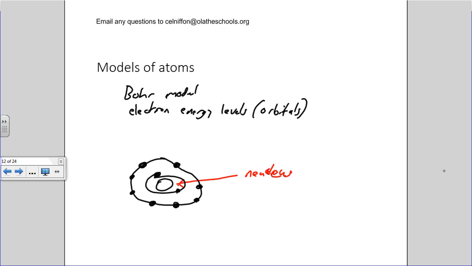So the little lines are electron energy levels, and the dots are electrons.